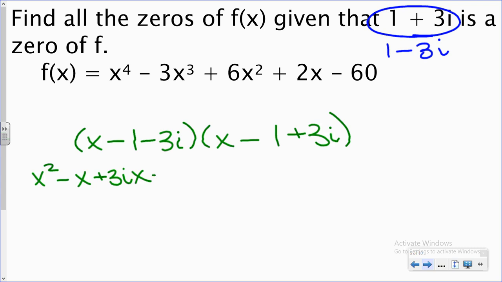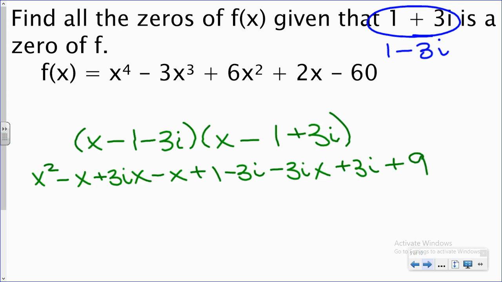So negative 1 times x, negative 1 times negative 1, and negative 1 times 3i. Negative 3i gets multiplied to everything. So negative 3i times x, negative 3i times negative 1, negative 3i times positive 3i would be negative 9i squared. Positive 9.